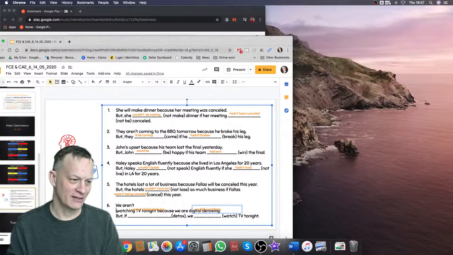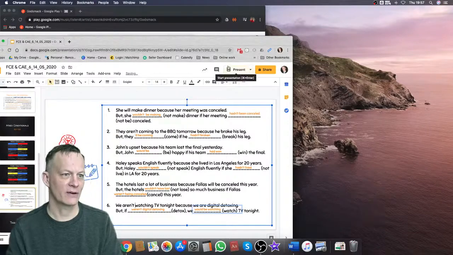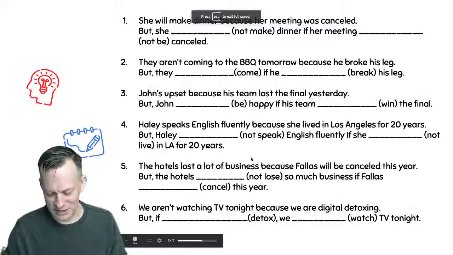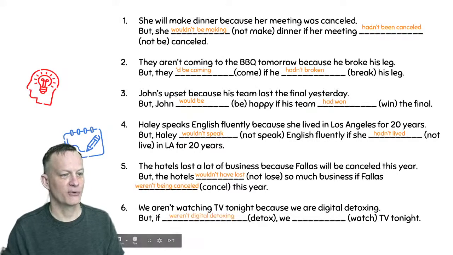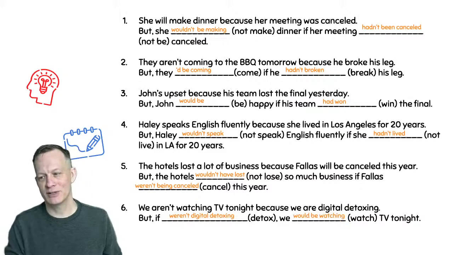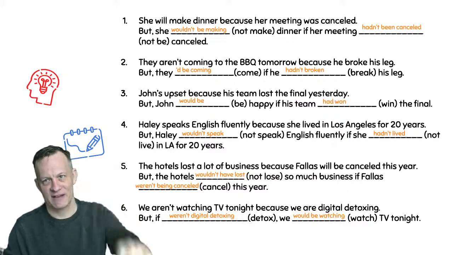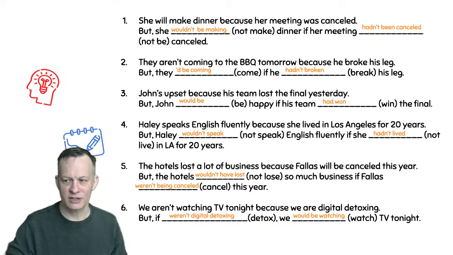Oh man alive, if it's not one thing, it's another thing and a bazillion other things. There we go. Okay. So if we weren't digital detoxing, which we are, we would be watching TV tonight. Enrique, spot on. Brother, way to go.